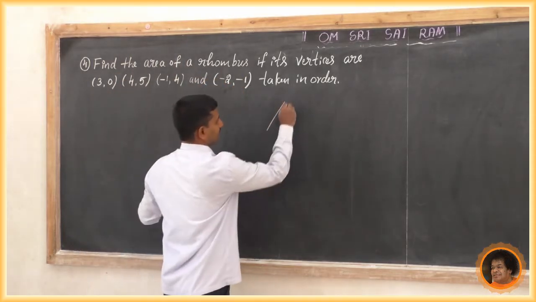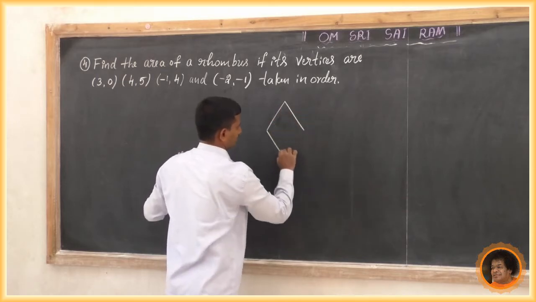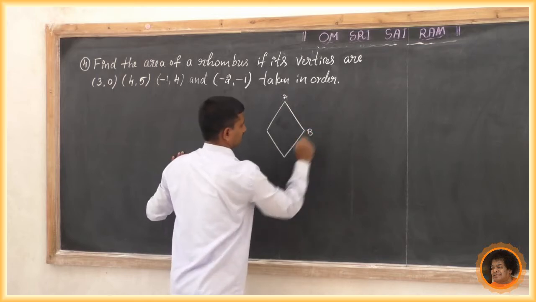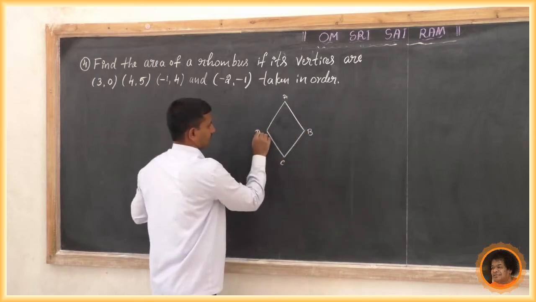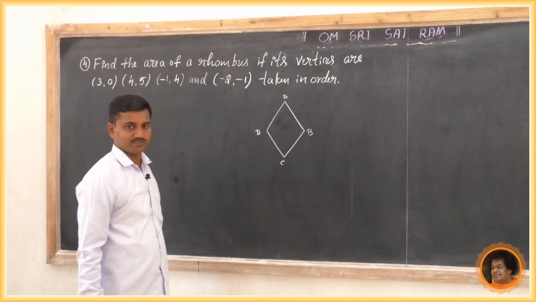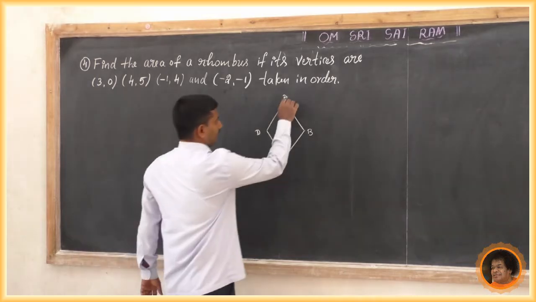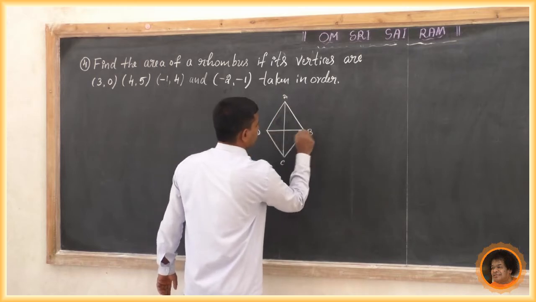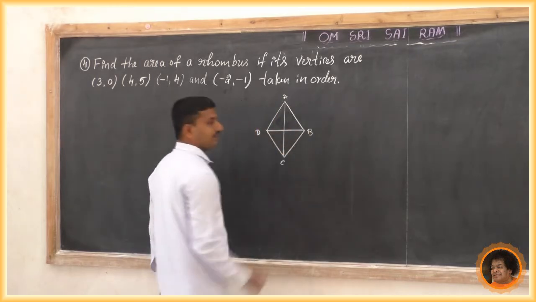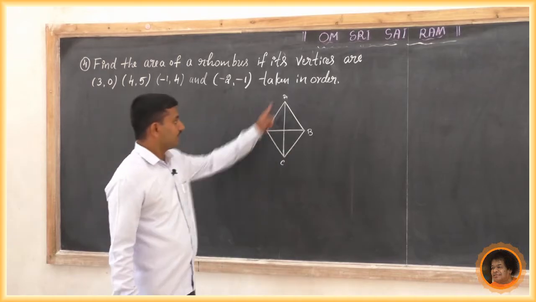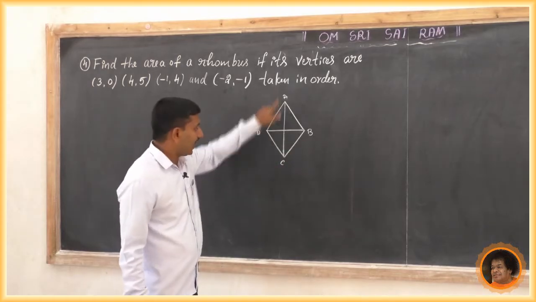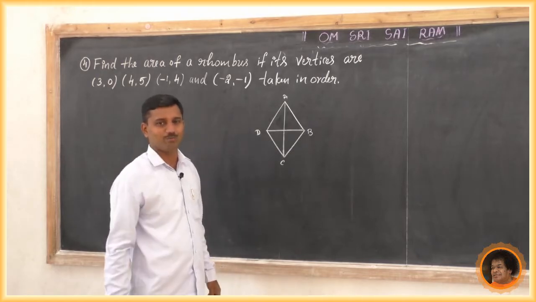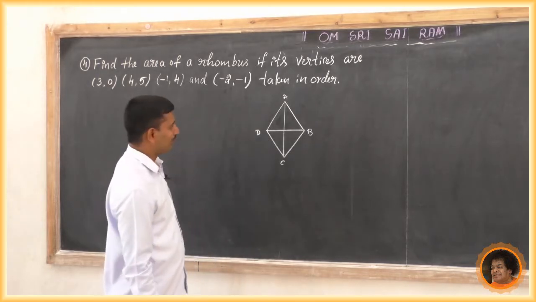So see here. ABCD is a rhombus, and AC and BD are the diagonals. What are the properties of the rhombus?